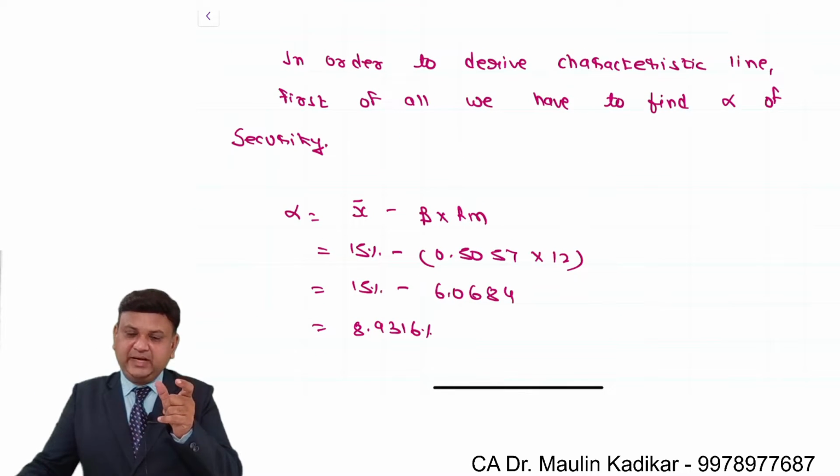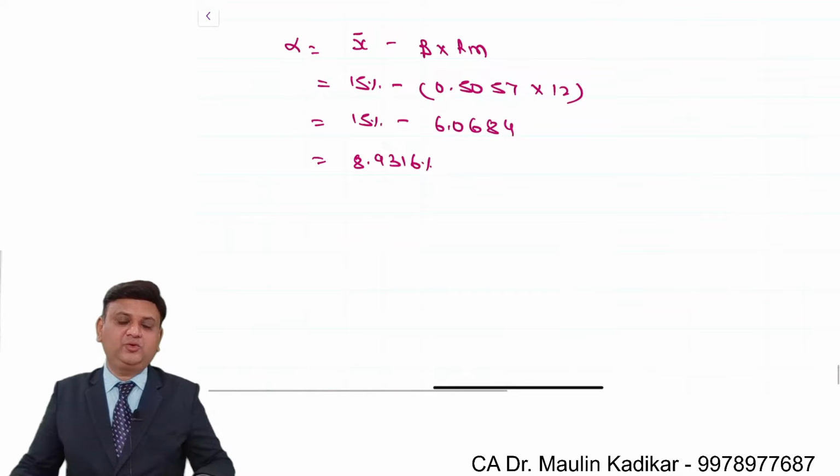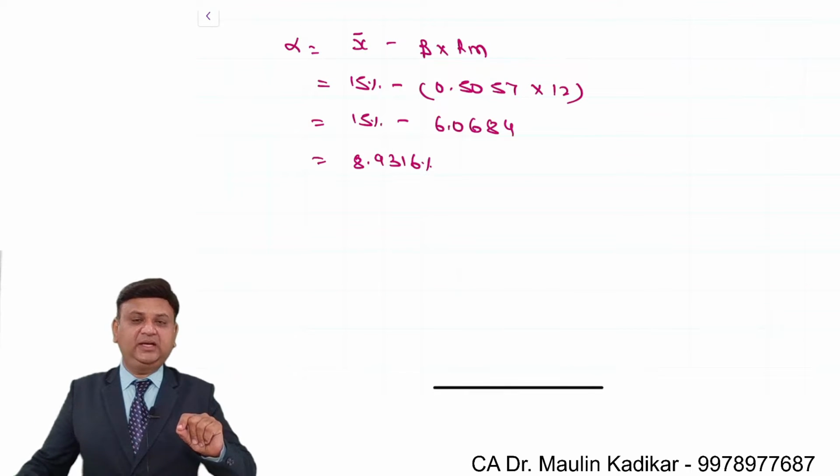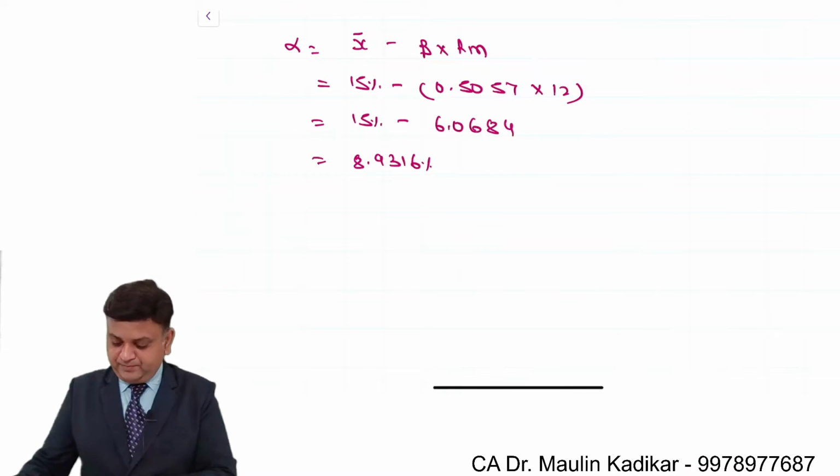Now what is the logic behind it? I am explaining the logic behind it to you. As I explained to you that alpha is indicating return from the security when return on the market portfolio is going down to 0.